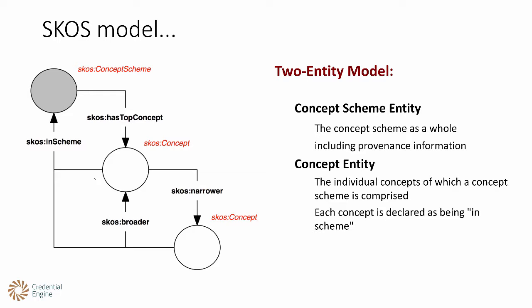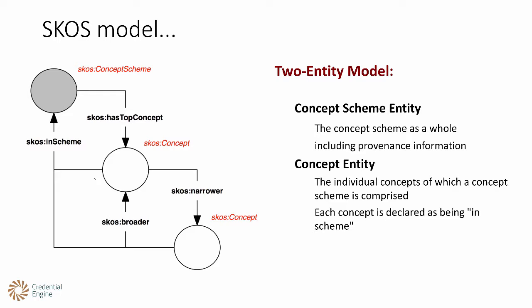Here they're linked to the concept scheme through in scheme. You'll also notice that the concept scheme is linked to its top concept through a property called SKOS has top concept. And that concept has a narrower concept.